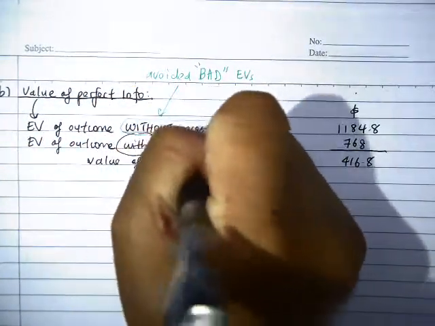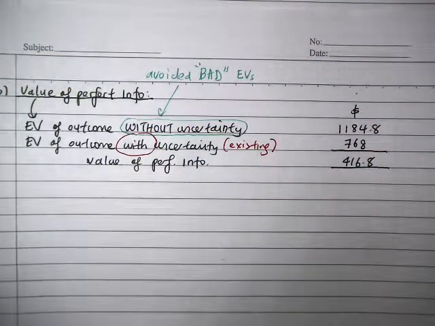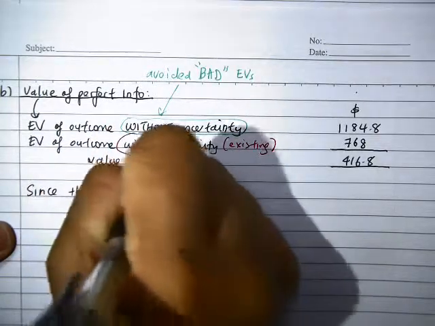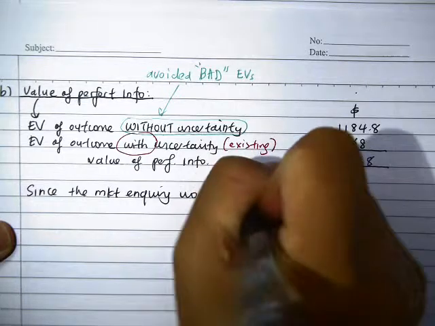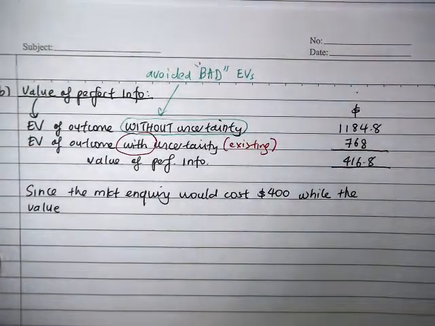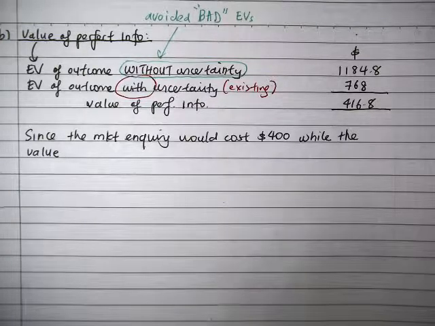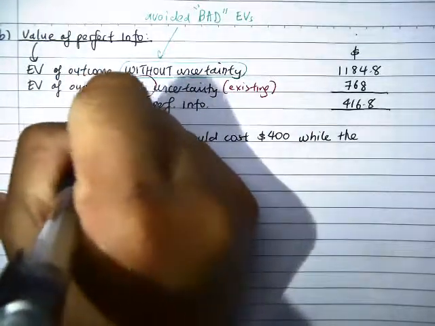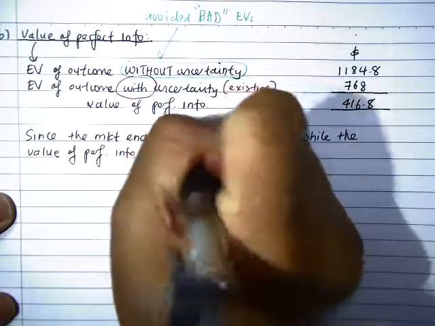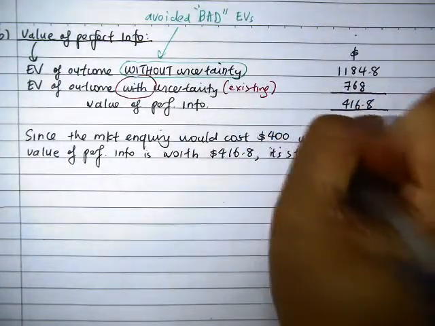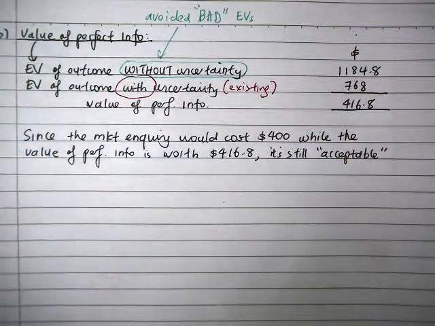So this become value of perfect information. Now since the market inquiry would cost 400, while the value of perfect information is worth 416.8, it is still acceptable.